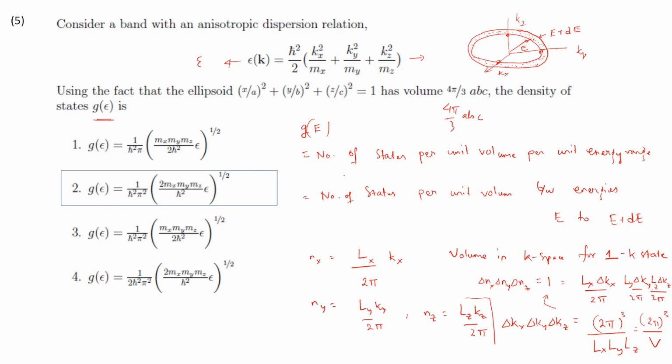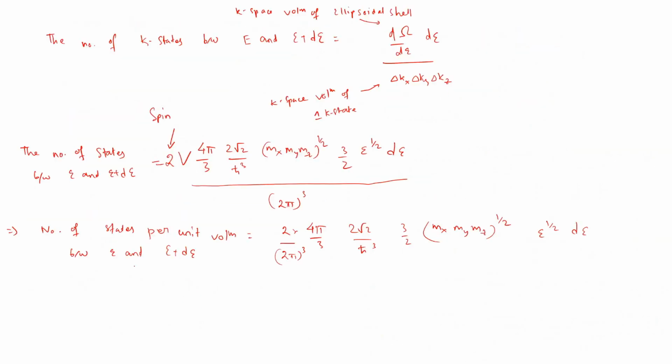The density of states is defined as the number of states per unit volume per unit energy range. So we now have to divide by the energy range, which is just dE.